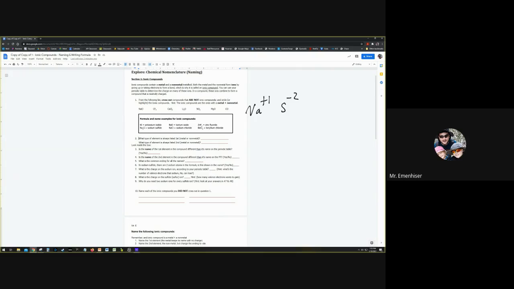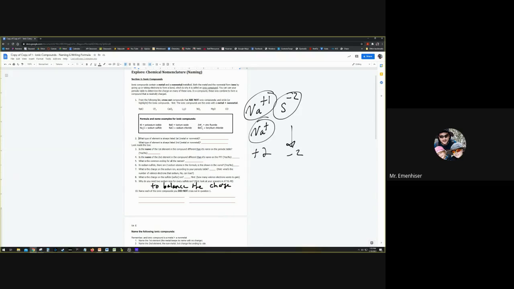If I have 1 of each, that's a +1 and a -2. That's not equal and opposite charge. I need another sodium. 2 sodiums will give me a +2. That gives me a -2. Now I have equal and opposite charge. So we have to balance the charge.